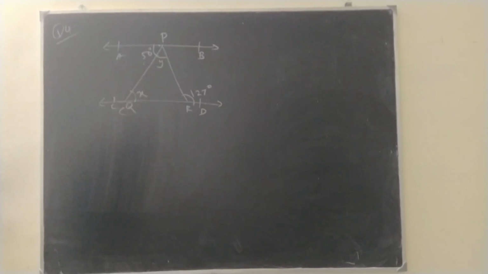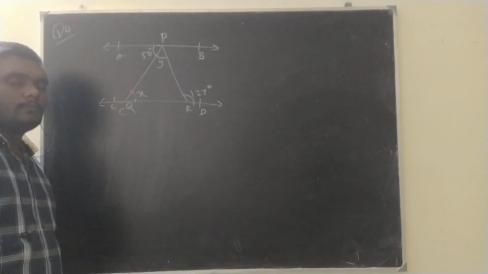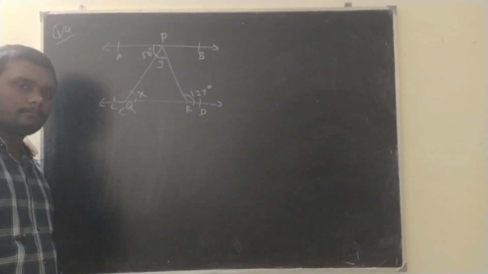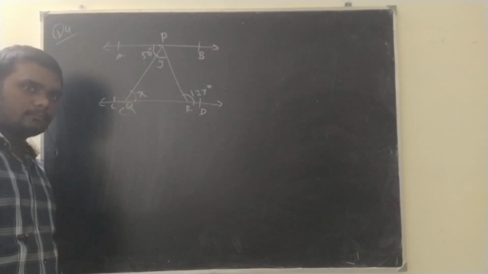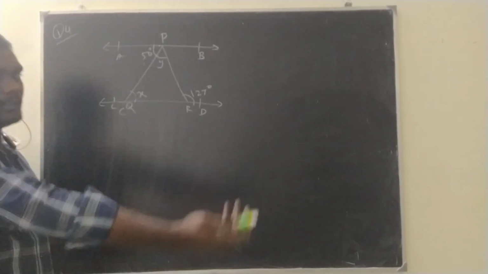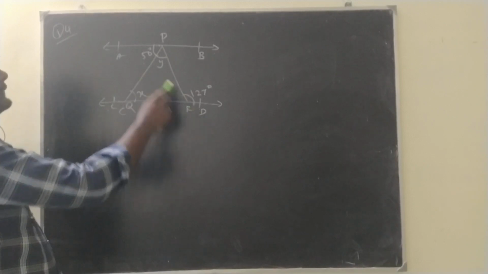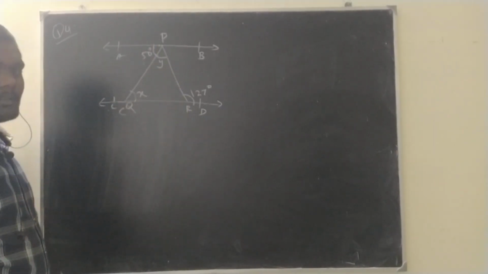How can we find X and Y? See, quite complicated, is it? Or can you find? Yes, alternate interior angles are equal. Since AB is parallel to CD, PR is our transversal.